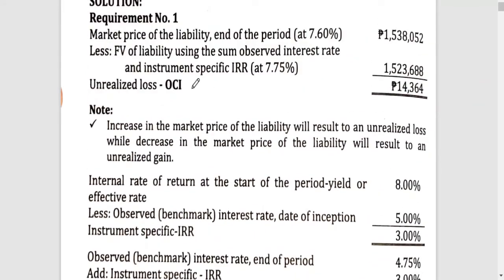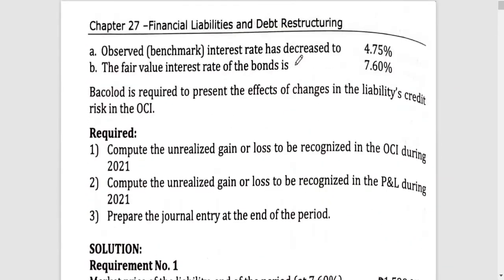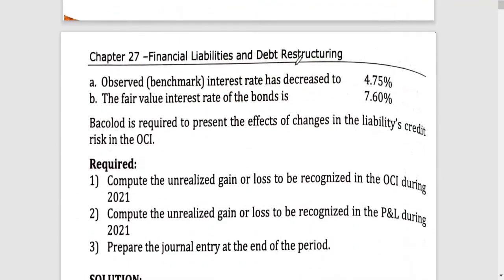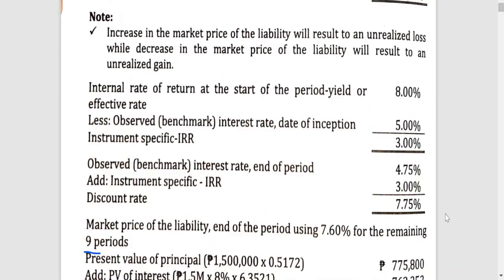other component, the fair value liability using the sum observed interest rate, that's at 7.75%. Okay. So how do we get the 7.75?